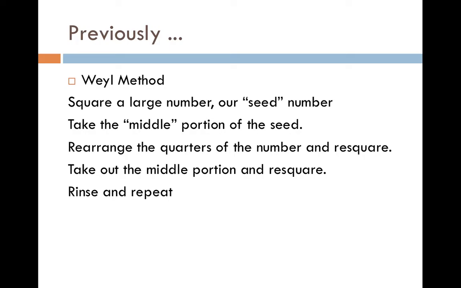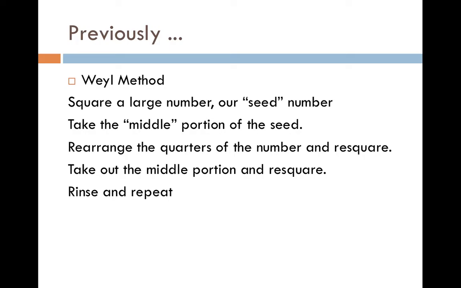So previously, I talked about the middle square method, where we essentially square some large number, and that large number that we have is our seed number. It's something that we choose, and essentially in the method, we're taking that large number, parsing out the middle of the number, squaring that number, and then that number is some other large number, supposedly random, and then we rearrange the quarters of the number, the middle quarter and the final quarter of the number, and then we resquare the number again and again and again.